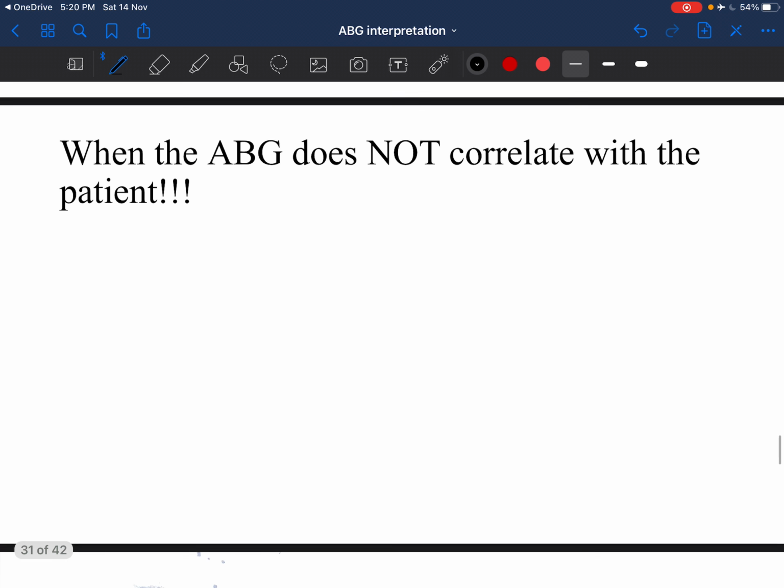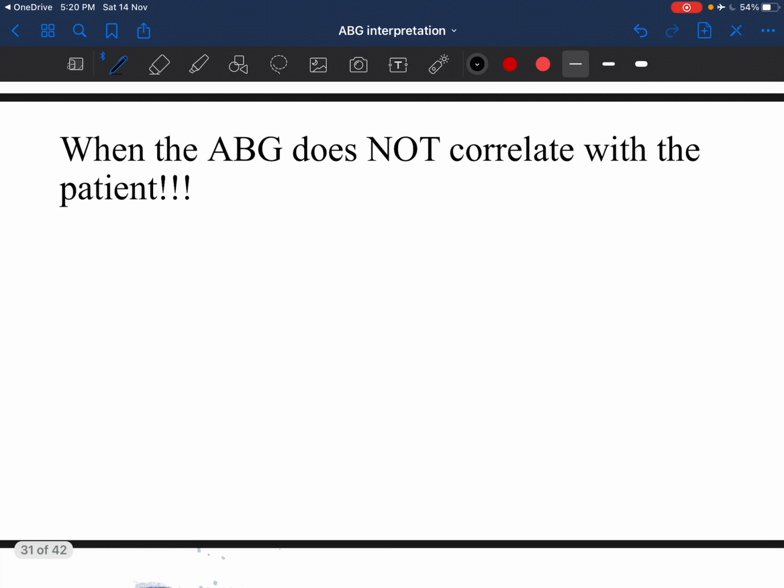What are the common problems you encounter in your practical life setup? You do an ABG to assess a patient, but you see that the patient is improving but the ABG is worsening, or vice versa.